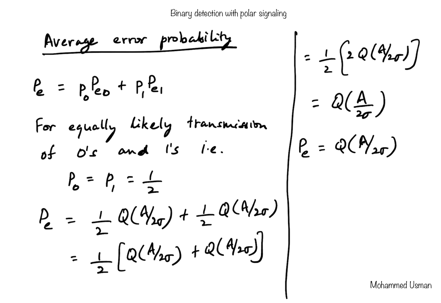But as it turns out, polar signaling is actually better than unipolar signaling. It has an advantage as compared to unipolar signaling. So when we analyze further and do further techniques for M-ary transmission as well, we will stick to polar signaling, and I will be illustrating how polar signaling is better than unipolar signaling in terms of the signal to noise ratio.